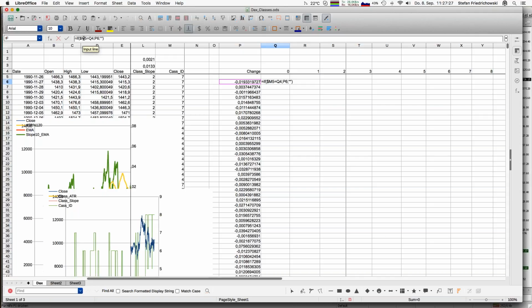We need another one here, because we always want to compare with row number 4, and that should not be shifted if I copy the cell downwards. And finally, we need a dollar sign in front of the P as well, because then we always get the change directly within the Excel sheet.